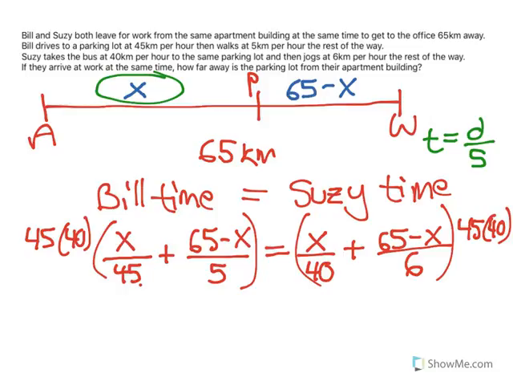So when we multiply it to the first term, we're left with 40x. The 45's cancel.